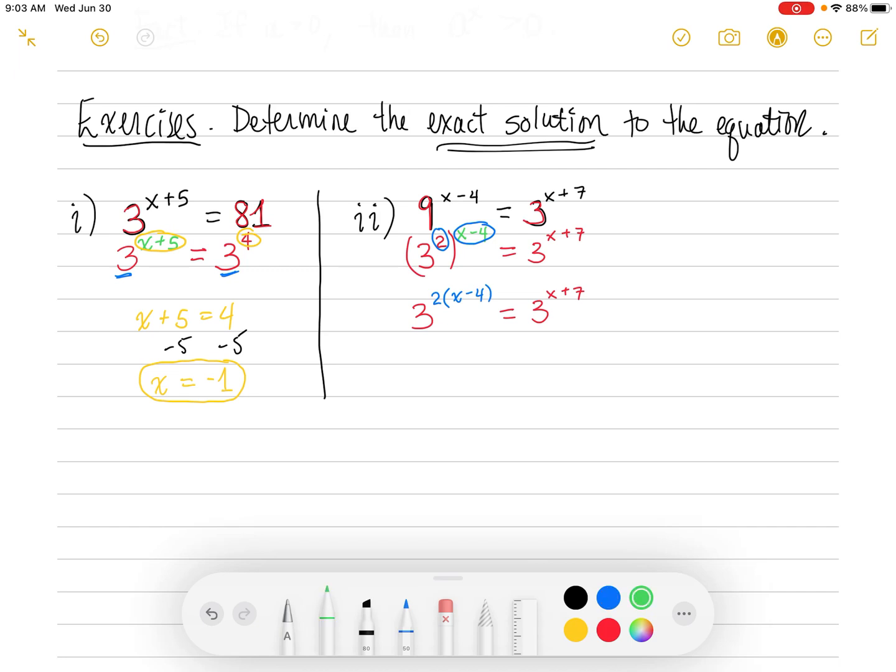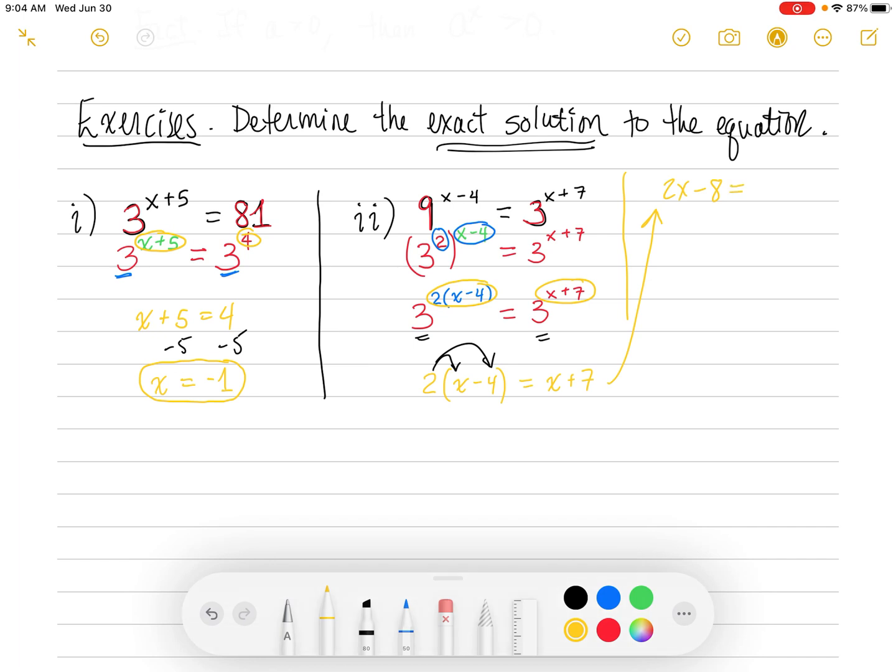So I'm going to write this as 3, and my exponent here is going to become 2 times x minus 4, equals 3 to the x plus 7. So now since our bases match, we both have base 3 on each side, we can take our exponents and set them equal. So we have 2 times x minus 4 equals x plus 7.